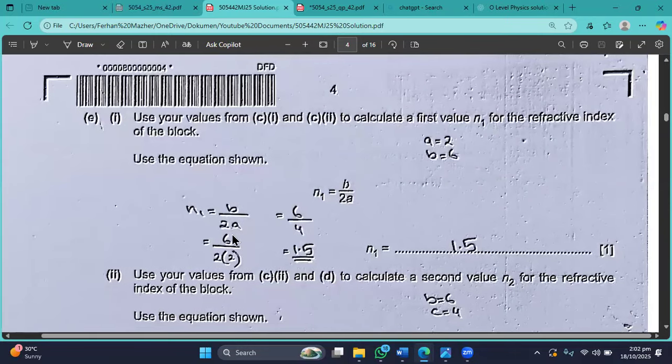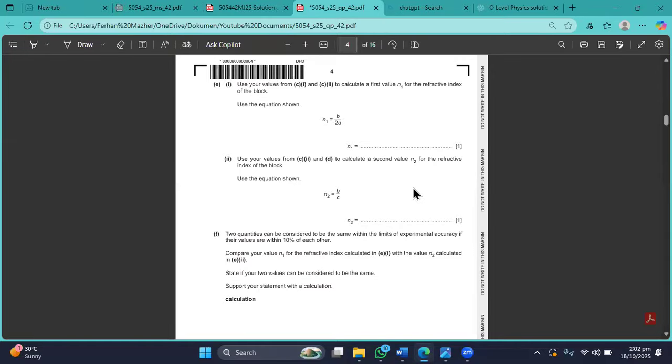So N1 will be equal to B by 2A, that is 6 divided by 2 into 2, that is 4. So 6 divided by 4 is 1.5. So the refractive index we think is 1.5. Then he says, use your values from the C second part and the D to calculate a second value, N2, for the refractive index of the block, using the equation shown.